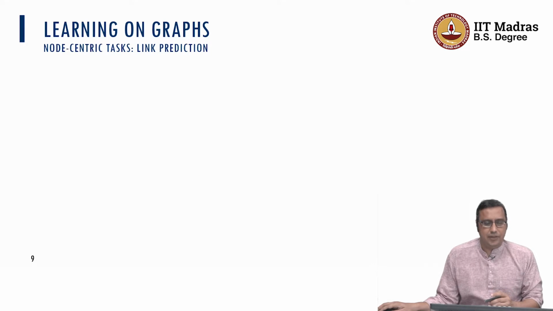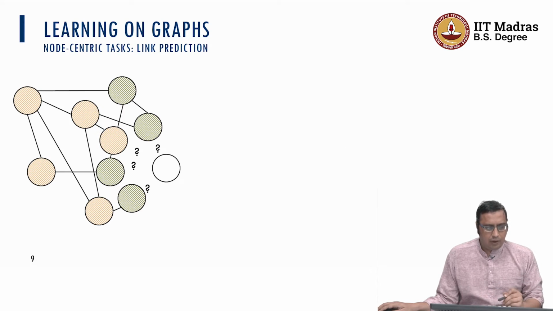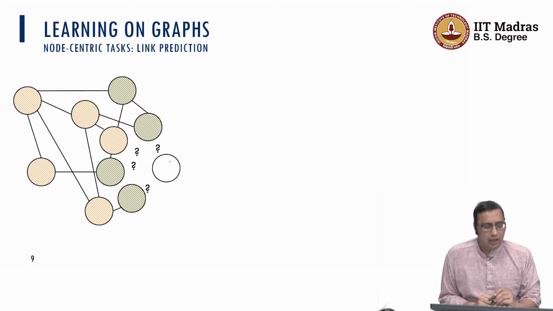Another one is link prediction. Now, here I have a set of nodes and I have a new node, and I don't know whether there is a link between this node and the rest of the nodes.